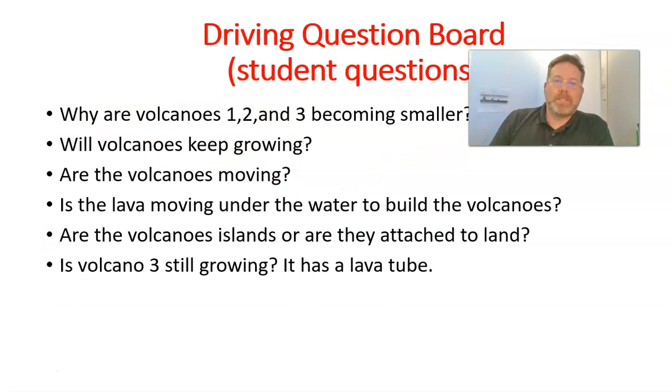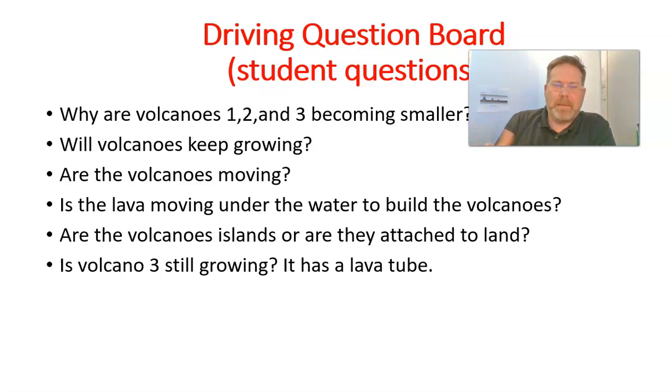Anyway, all of this could lead into something called a student question board. That's a different training on another day. But for instance, after the students made their initial thinking model, they may have these types of questions. Now, why are the volcanoes 1, 2, and 3 becoming smaller? Are the volcanoes moving? Is the lava moving under the water to build volcanoes? Is volcano 3 still growing? I mean, it looks like a lava straw or tube.